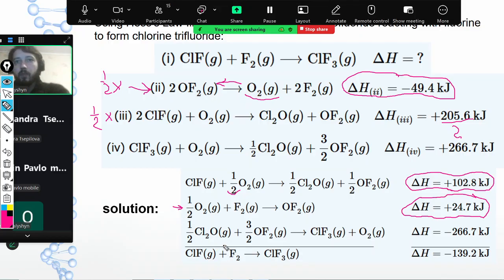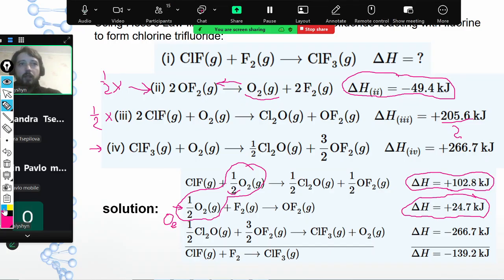Good. What else? So now we will be able to do something with all these things. Now we need to compensate for, let's say, some more things. Let's take this equation. So now I have oxygen here, I have oxygen here. They combine into one oxygen.